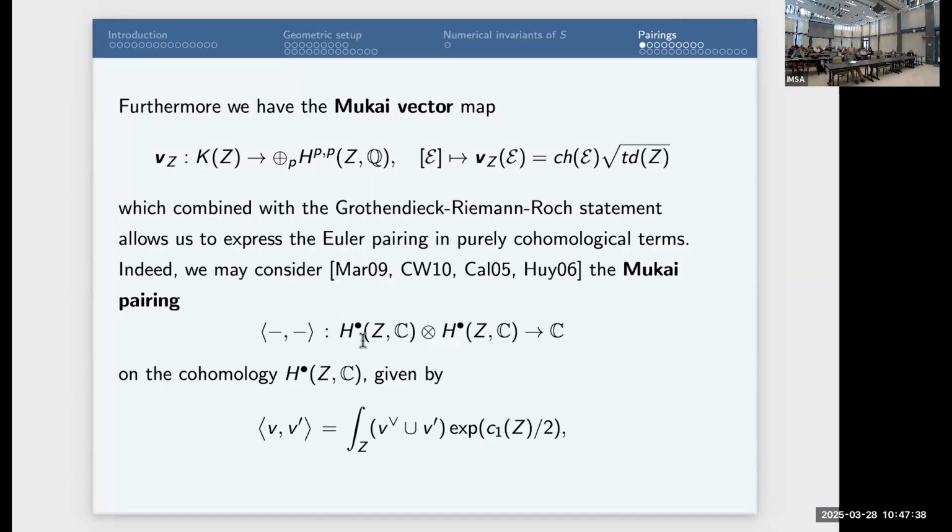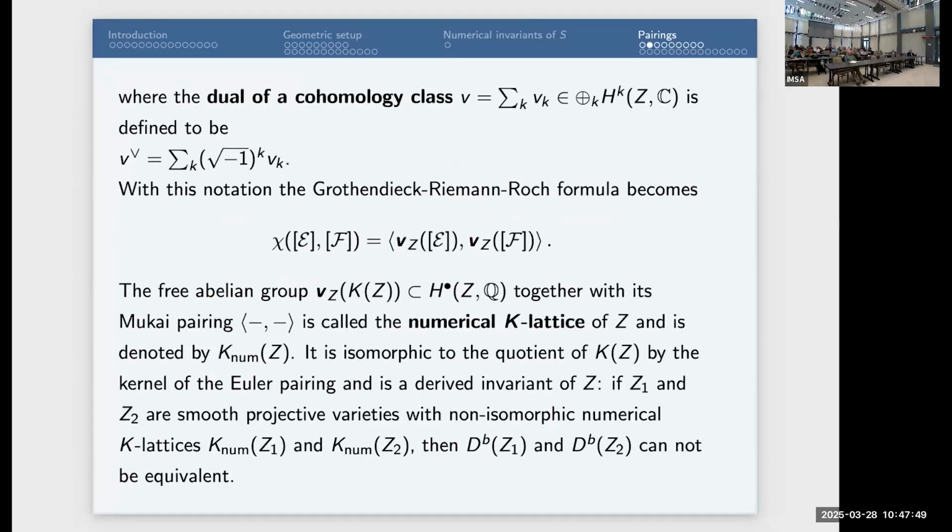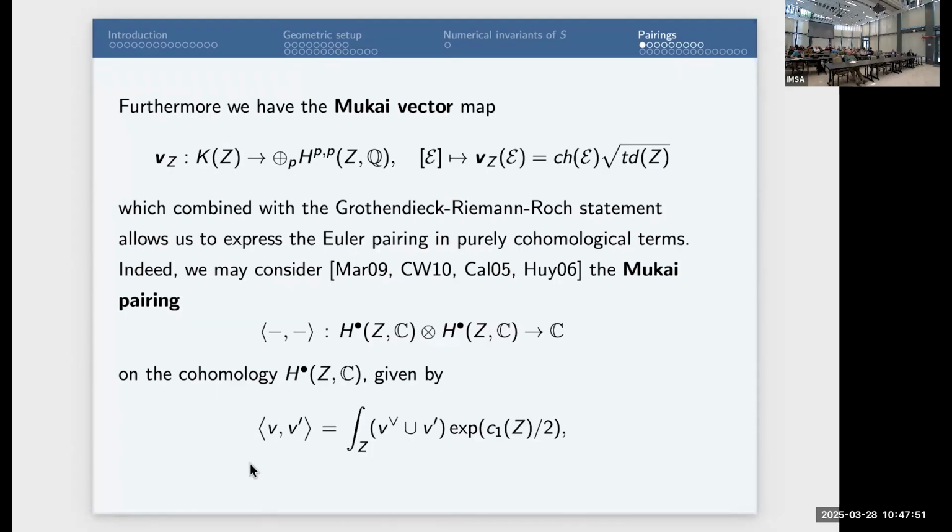So the Mukai pairing itself, on K theory, is given first by the exponential of C1 over 2. I'm going to point out that I have explained this being B prime.